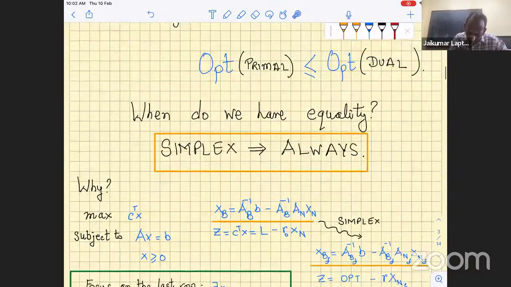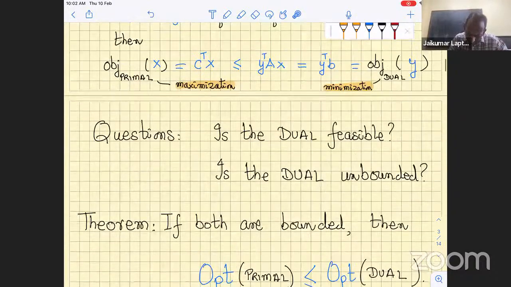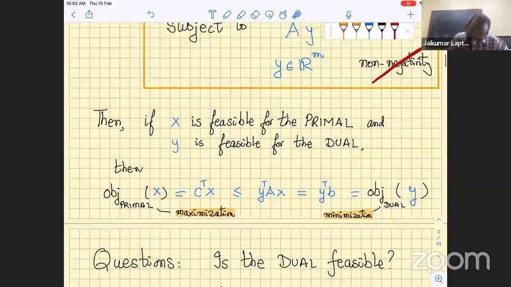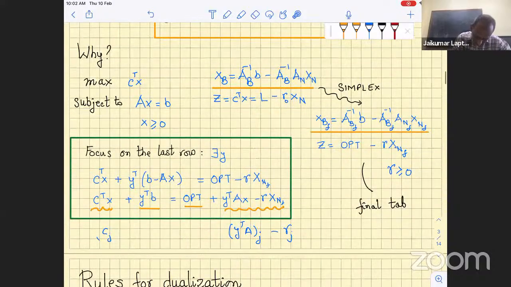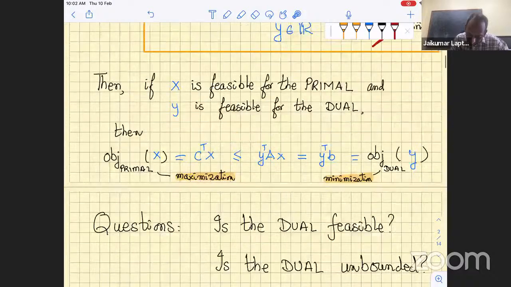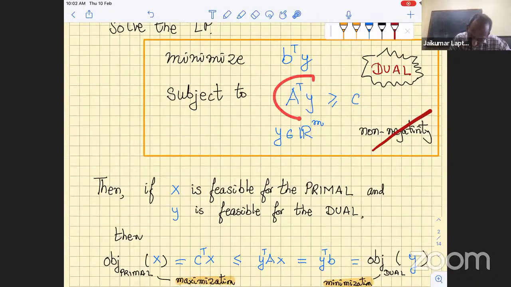But isn't that what we demanded? B transpose Y must be equal to opt, and for every other variable, A transpose Y must dominate the corresponding component of C. For basic variables, it's not just dominating, it is equality.